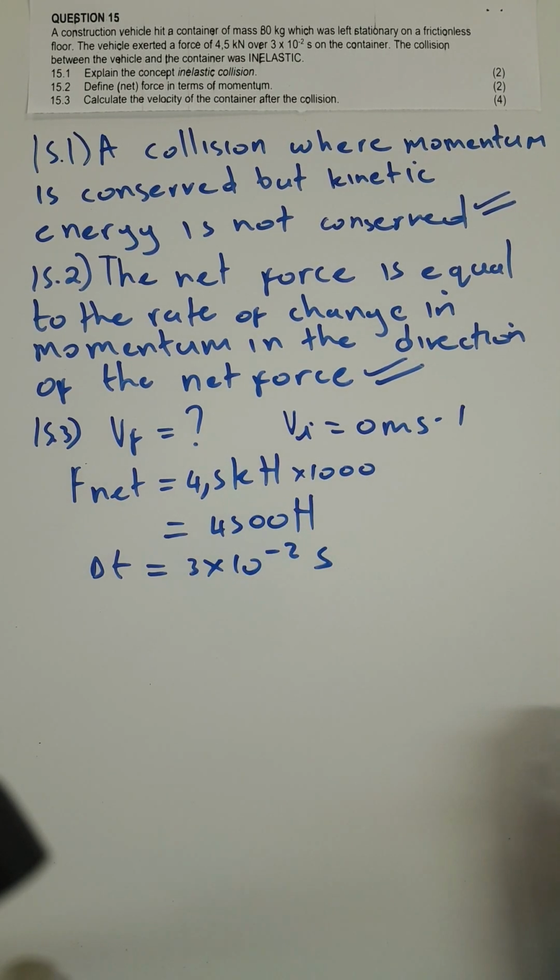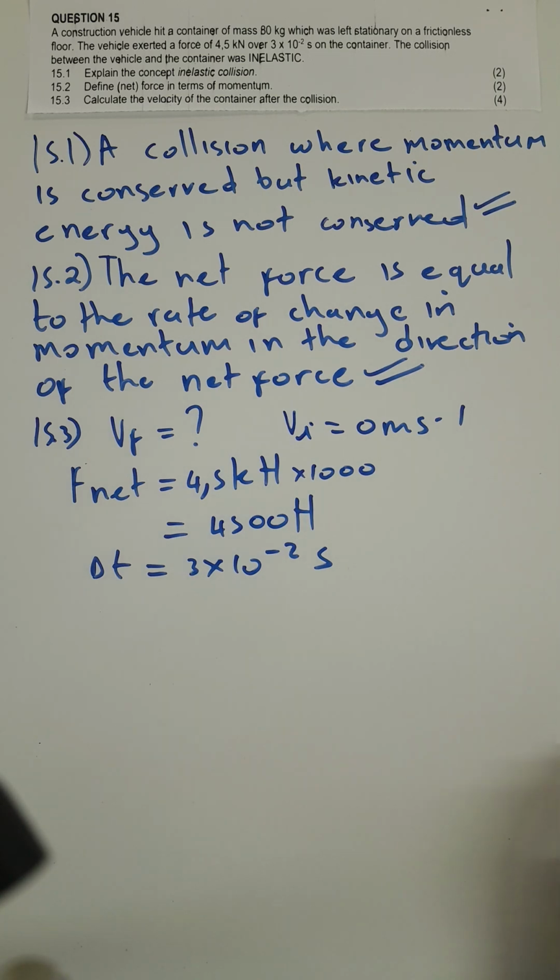So what do we do with this information here? We are going to be applying impulse, the product of net force and time, being equal to change in momentum. Although usually in most cases we'll be calculating change in momentum first and then dealing with the force after, in this case we must first calculate the change in momentum and then go to velocities, because what we need to calculate is the final velocity of the container.